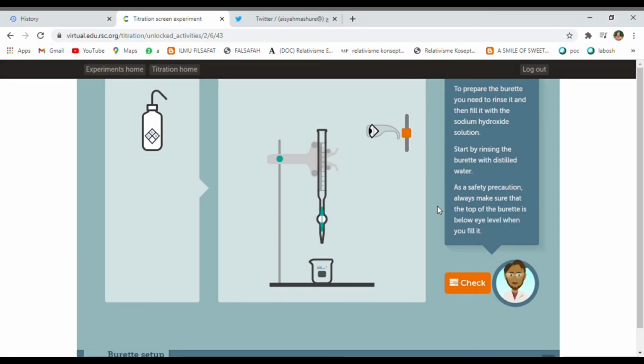Next, we are preparing for the burette setup. Before we fill it with sodium hydroxide solution, we need to rinse it with water and some of the sodium hydroxide solution. As a safety precaution, always make sure that the top of the burette is below eye level when you fill it. Rinse with water.